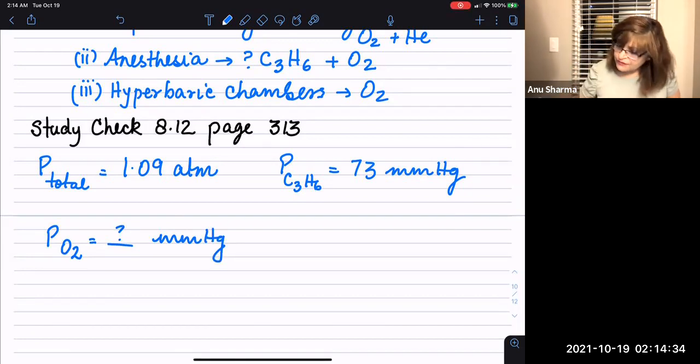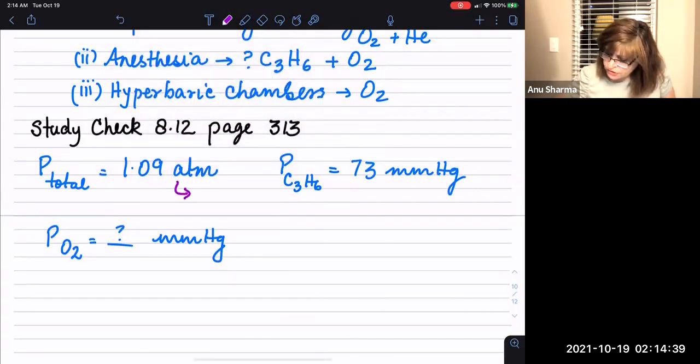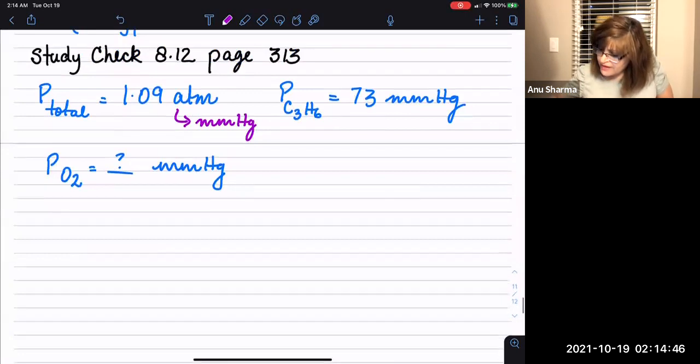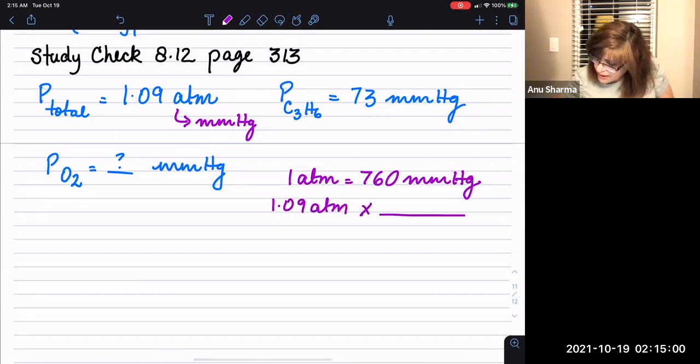So first we need to change this atm to millimeters of mercury, because the question is asking in millimeters of mercury. We have 1 atm equal to 760 millimeters of mercury. So 1.09 atm multiplied by 760 millimeters of mercury over 1 atm.